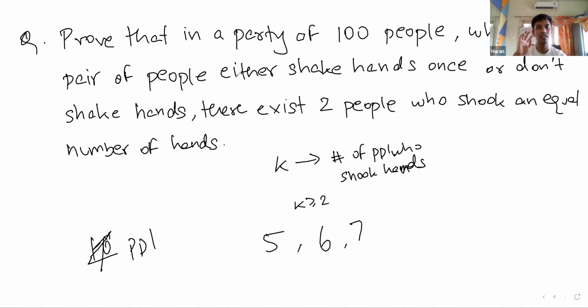That is for a case where you have symmetry, but here we're looking for asymmetry. If you're trying to simulate the worst case, you're trying to make people not shake an equal number of hands. You see what I'm saying? So that idea won't give you a proof.